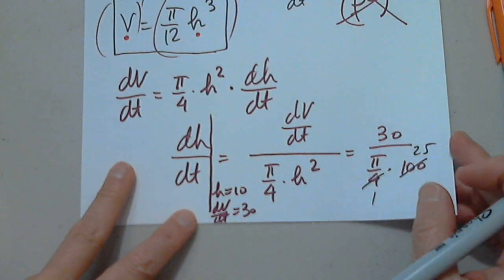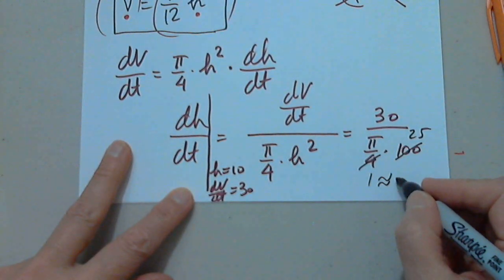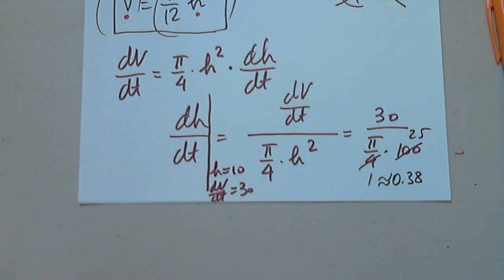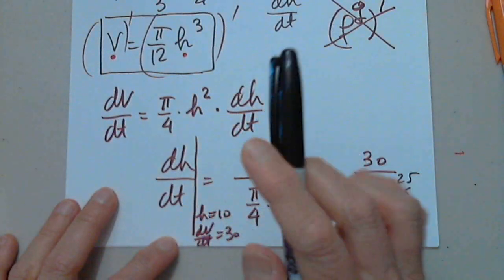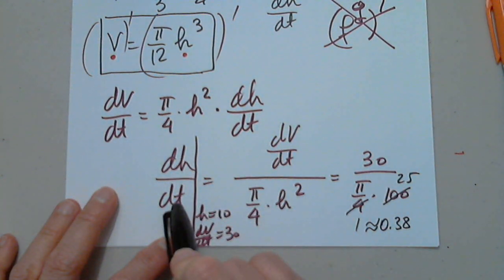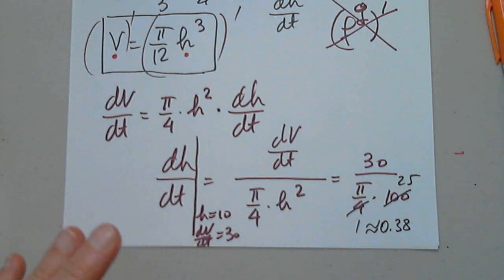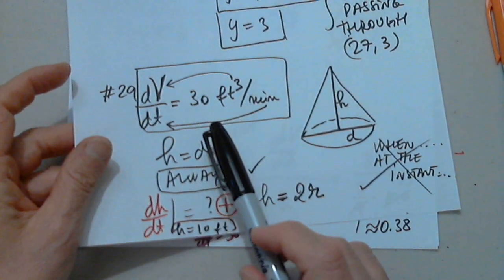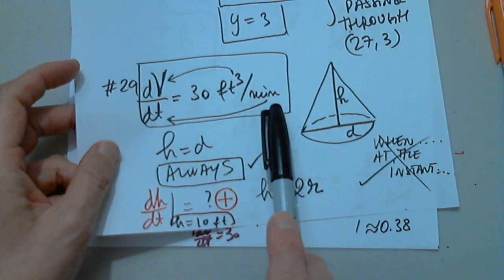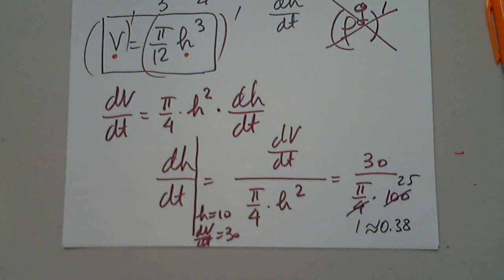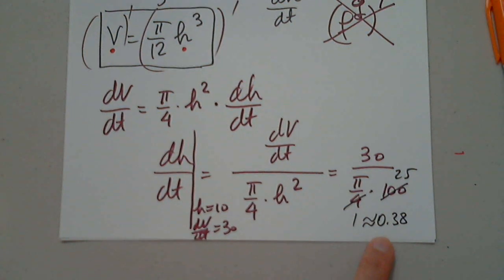Measurement unit. 0.38 does not mean anything. So I wrote 0.38. So now, can anyone tell us what is the measurement unit? Remember, dh over dt. So h was measured in feet, time in minutes. So what is the measurement unit for it?